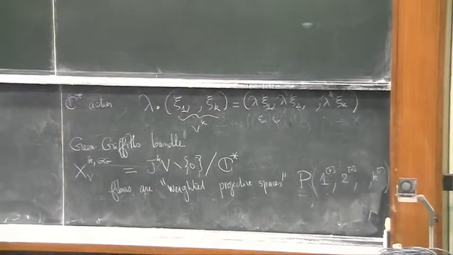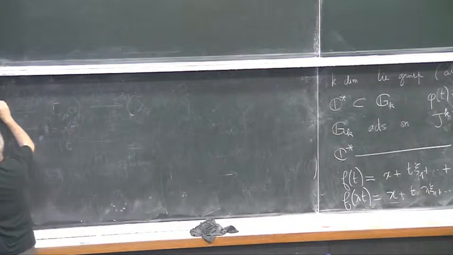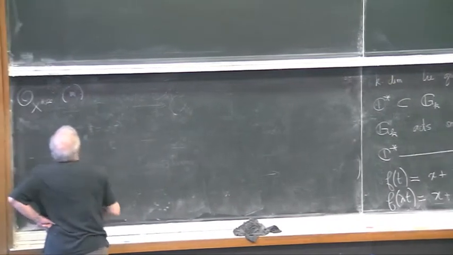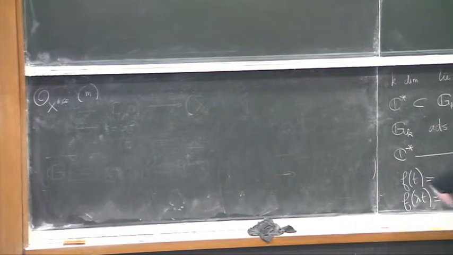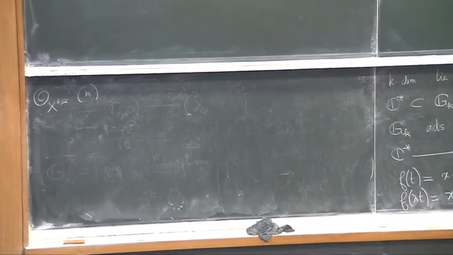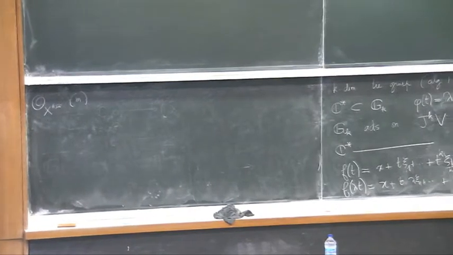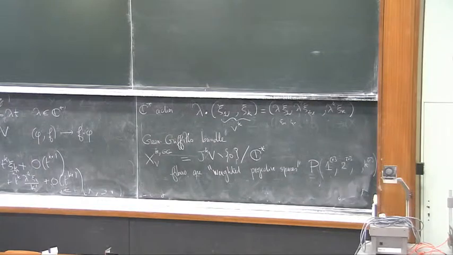Okay, so let me put E_{k,m} as a simplification, or E_{k,m} Green-Griffiths of V. So in fact, this is the sheaf of polynomials on the fibers that are homogeneous of degree m with respect to this weight. So this is the sheaf.